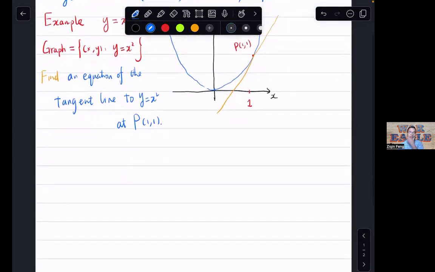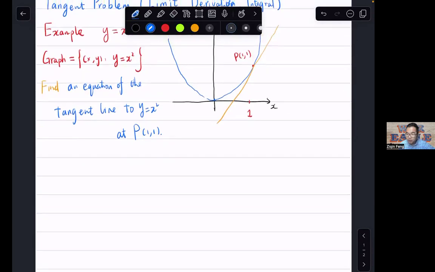And how do we solve it? Recall that if you are looking for a line equation, a good way to do that is the point slope form.